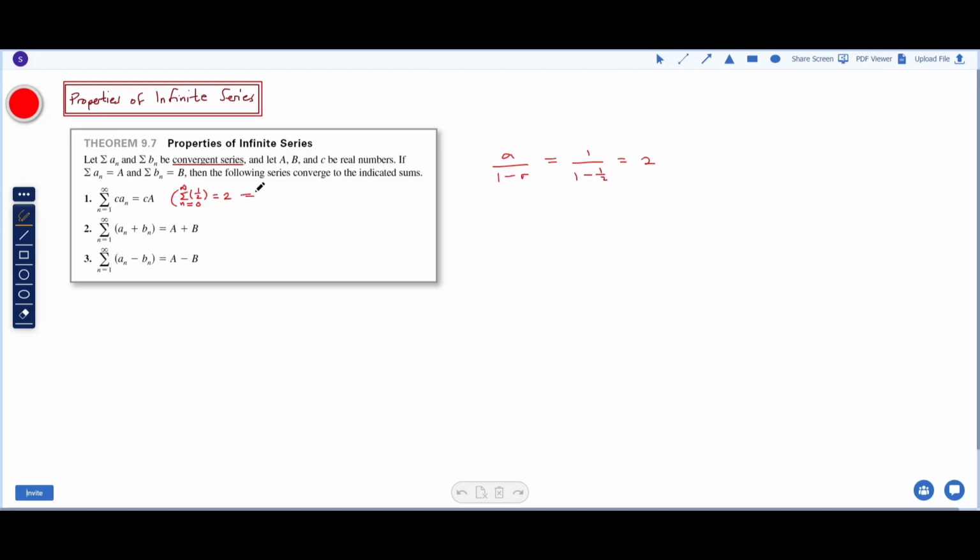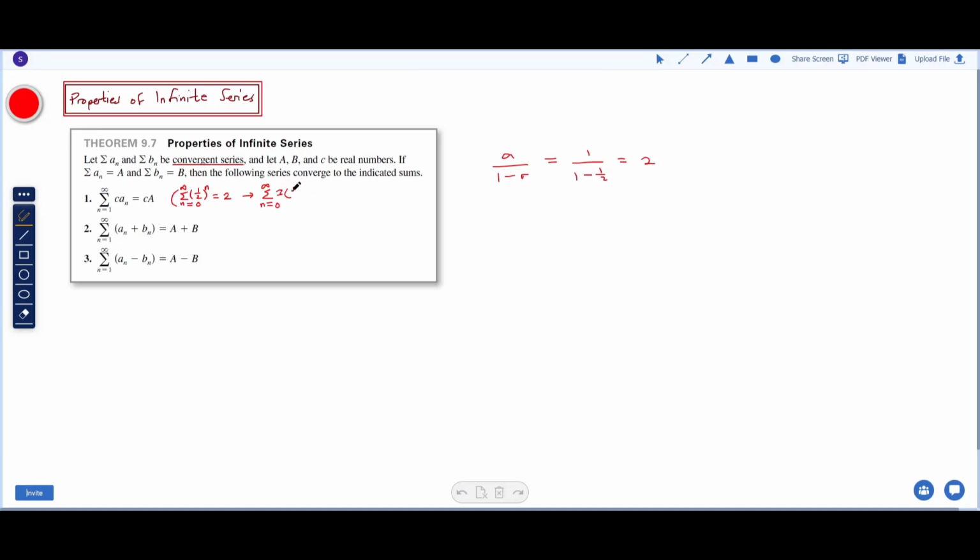Now, suppose I multiply this by 3. So suppose now I do the sum from n equals 0 to infinity of 3 times 1/2 to the power of n. I forgot to put the power of n here.